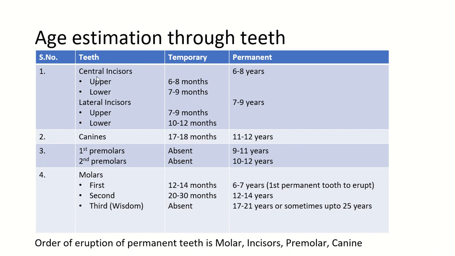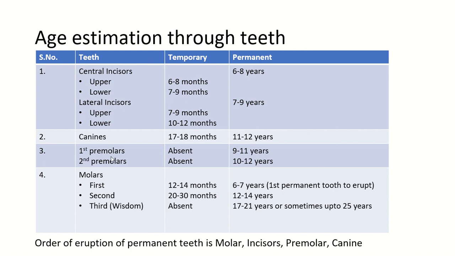And the permanent central incisors appear around 6 to 8 years, and the lateral incisors 7 to 9 years. Canine appears in 17 to 18 months and permanent canines in 11 to 12 years.